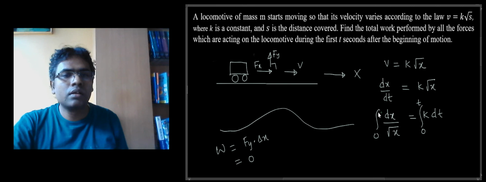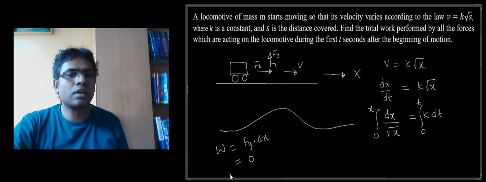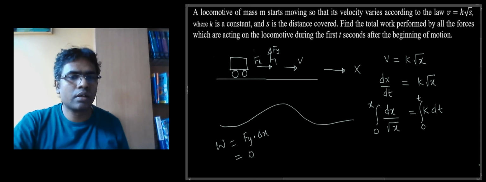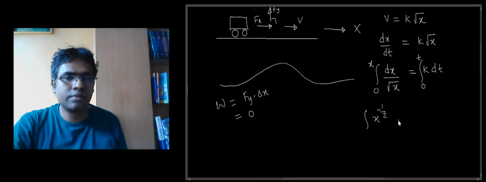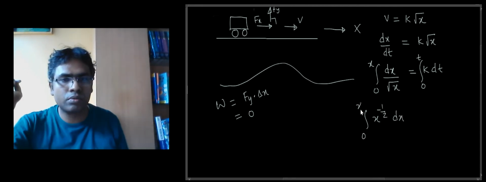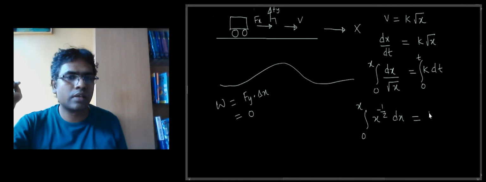At time t, let's say the position attained is x. Now this integral can be written as, if I take the square root to the numerator, x to the power minus half into dx. We are integrating from 0 to x, and on the right hand side k is constant, so I'm pulling it out. I have the integral of dt.